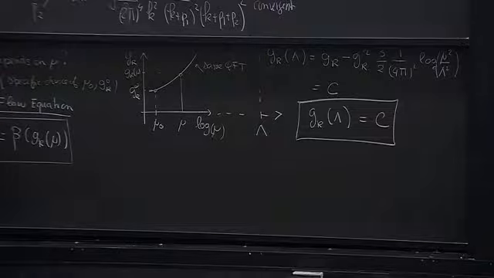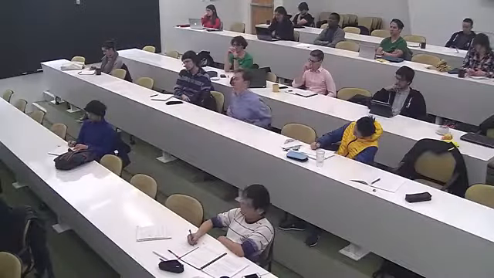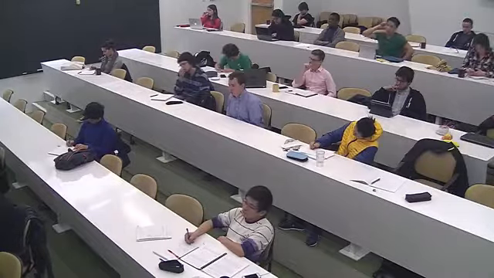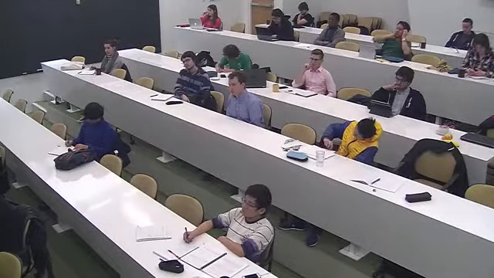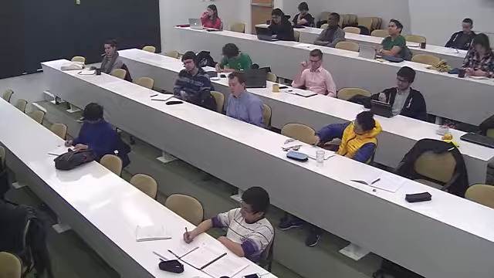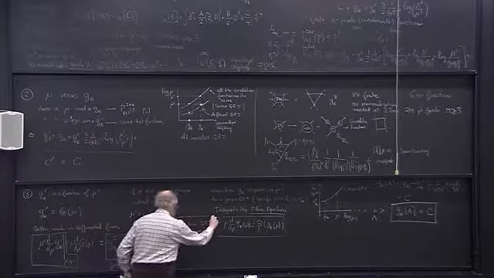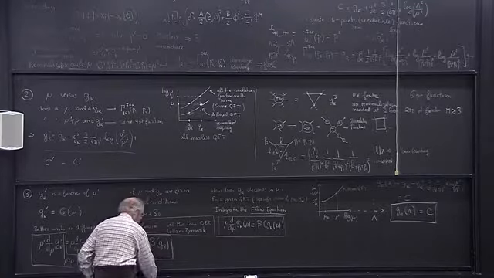Where are my notes? Okay. So now, again, let me introduce the concept which is already contained here. So this was the third blackboard. I have introduced the concept of a beta function, a Callan-Symanzik beta function.